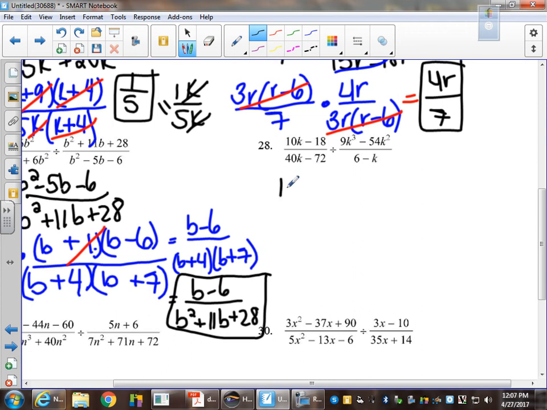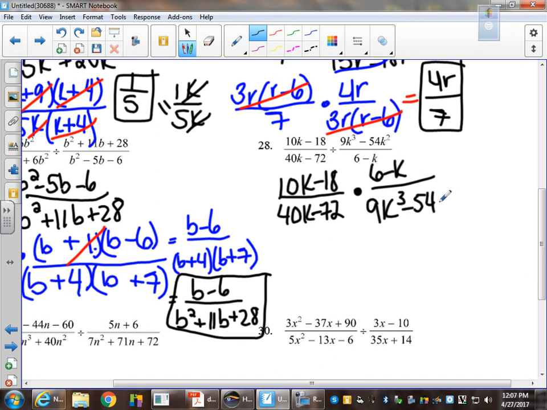Looking at number 28, again, our first step, keep first fraction, change the sign, switch and flip the second fraction. Looking at our numerator of our first fraction, we can factor out a 2, and we would be left with 5k minus 9.